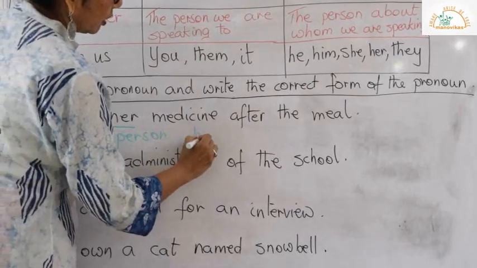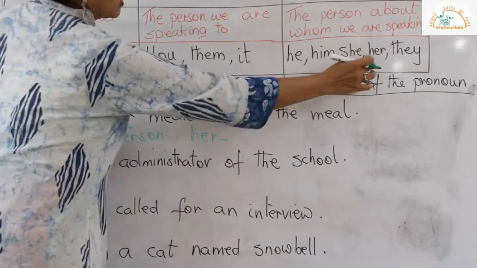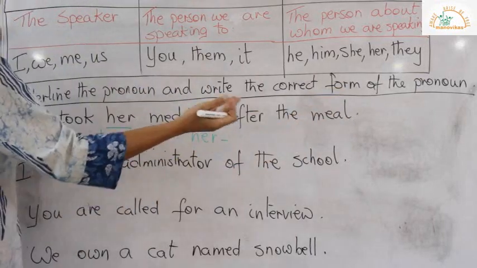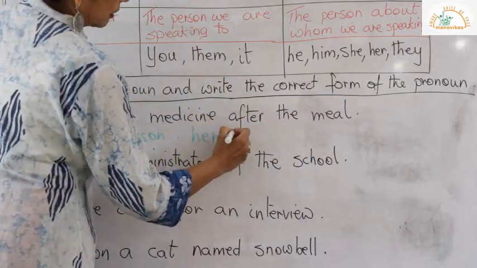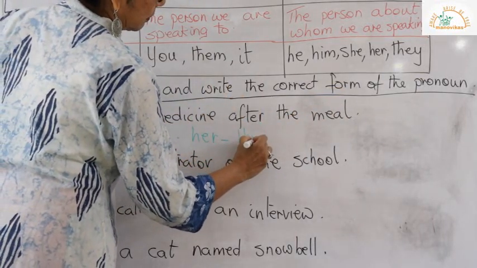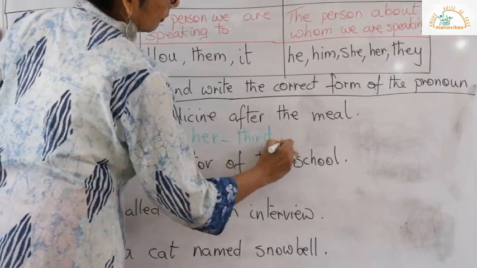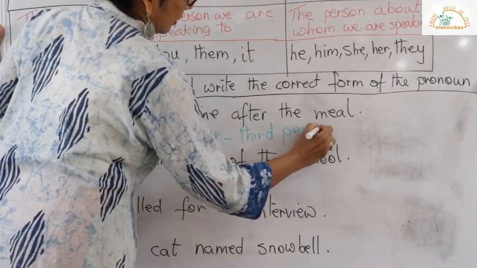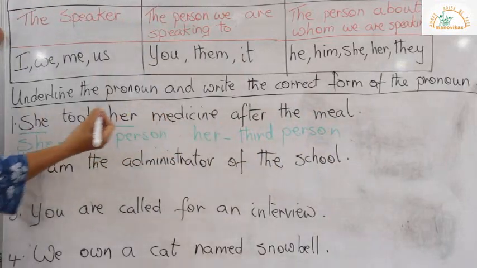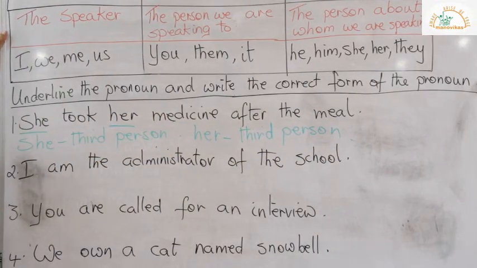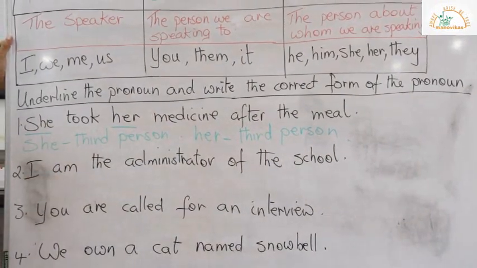Again, her will be what? Her is again third person because we are talking still about another person. She and her are third person.